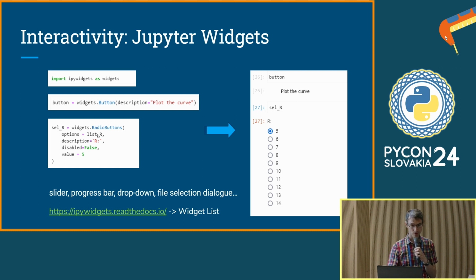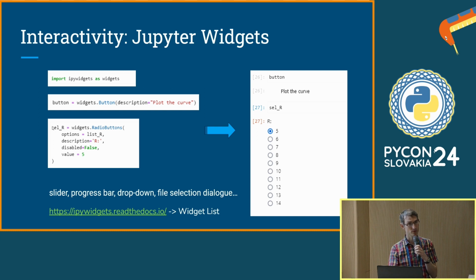This is another kind of widget, radio buttons. So I will say I want a set of radio buttons which have these options as values. I have prepared the list of R's that were values 5 through 13. It will be described as R, it's enabled, and the default value is 5.